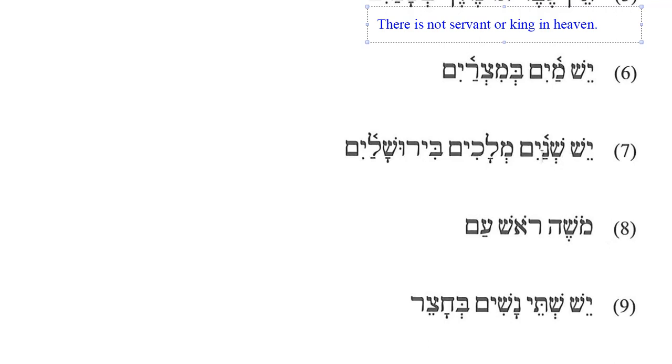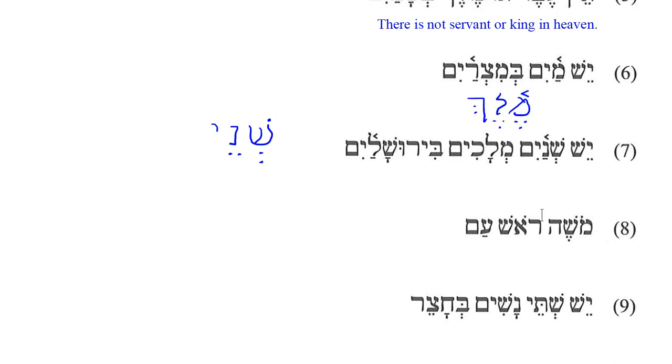Shanayim is 2. Now we can also see this in a different form. This word can also appear as Shanay, so it could be either one. But Shanayim is fine, and we have Yesh Shanayim Malakim. This is kings, this is a plural. Malakim is the plural of our noun melech.